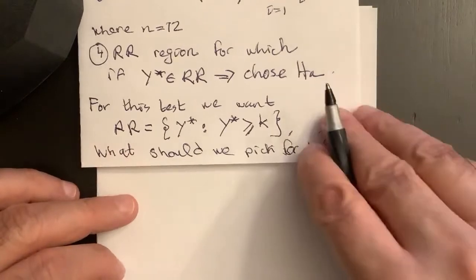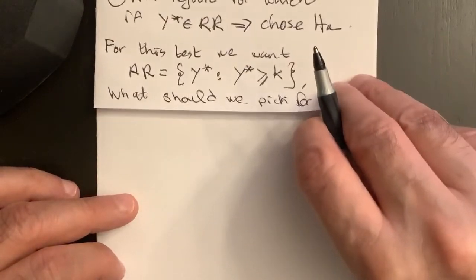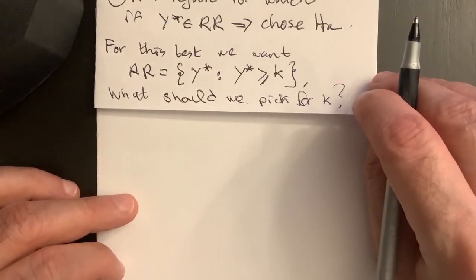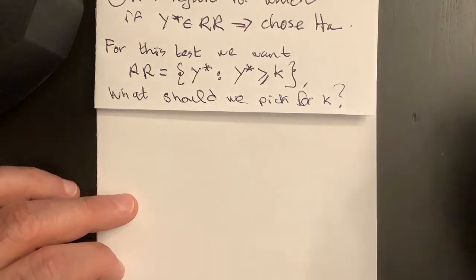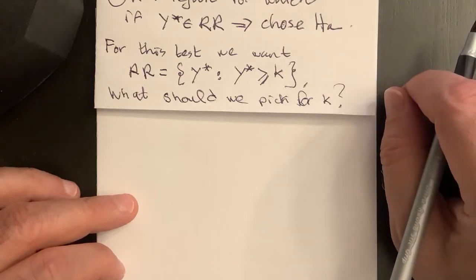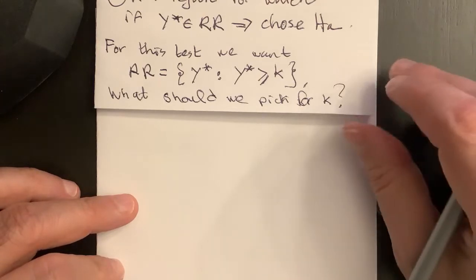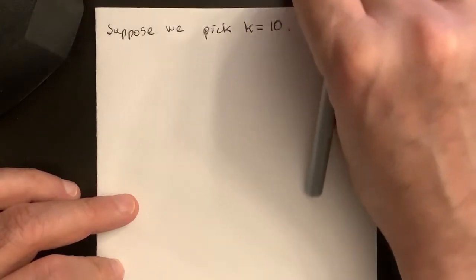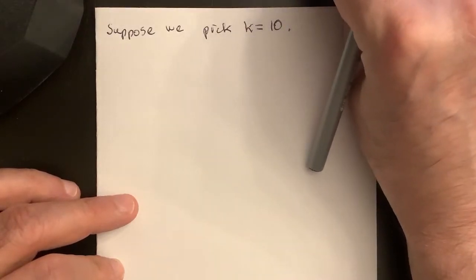So the rejection region is going to include any y star where y star is greater than or equal to K. And K is 10.